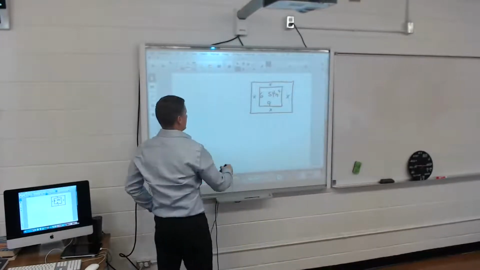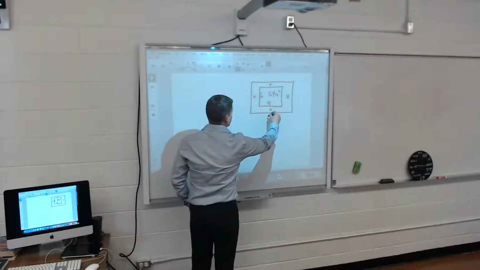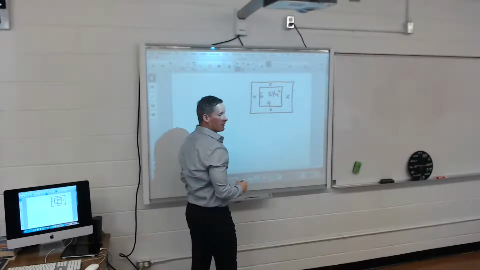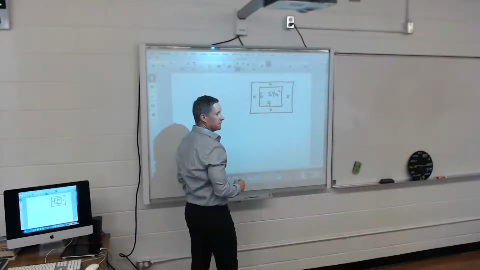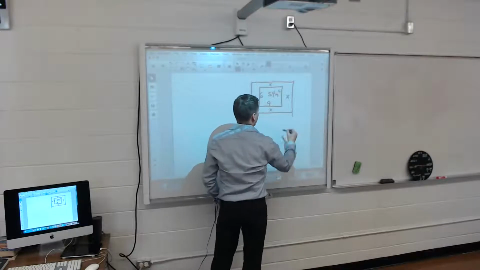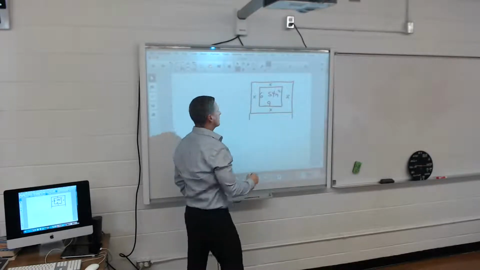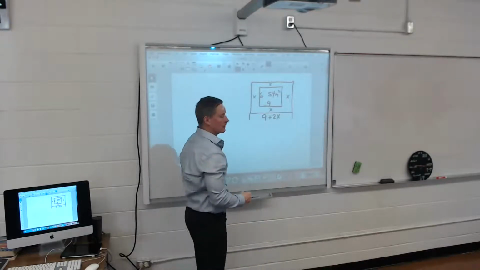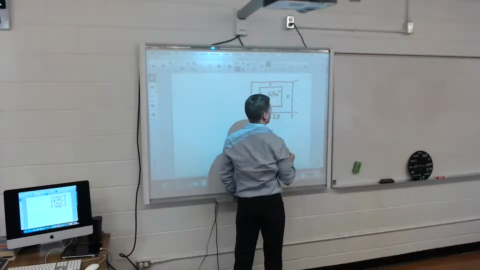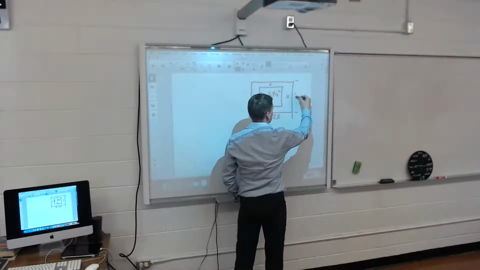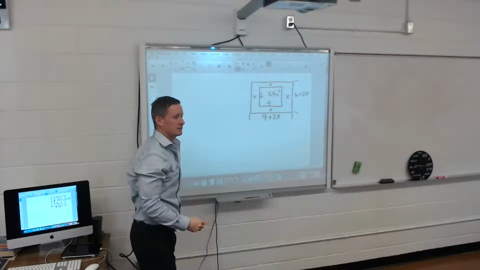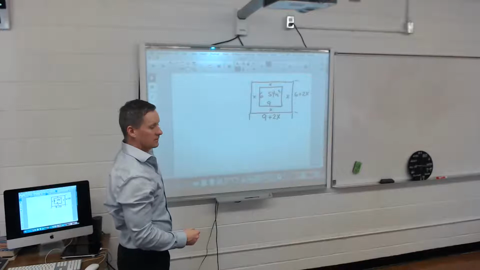Okay, and so what is this length right here, from here to here? Not 6. From here to here, 9 plus 2x, right? And from here to right here is 6 plus 2x. Right?